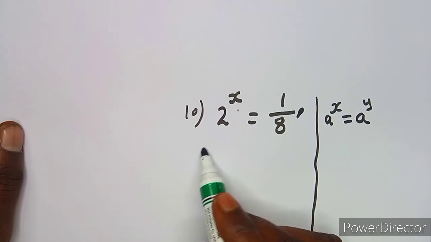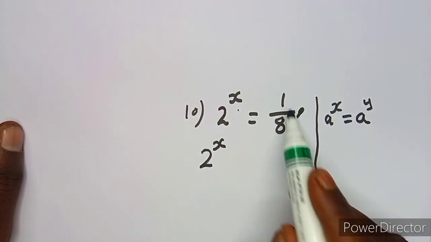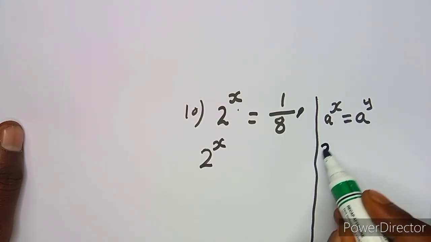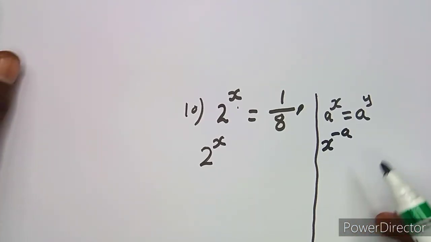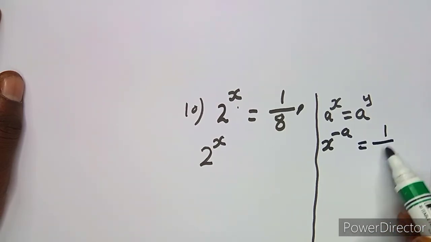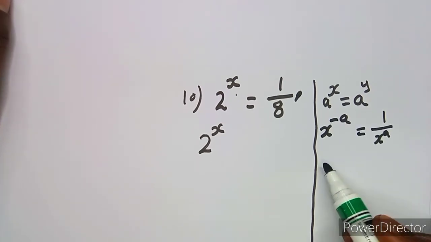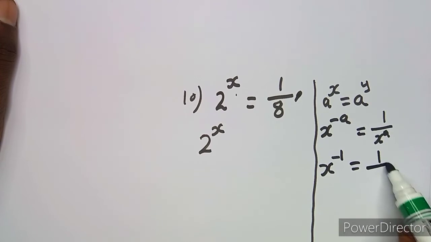All right, we know that whenever you're given a fraction like this, you can rewrite this from the negative, from the laws of exponents, remember what we said. X to the exponent of a negative like this is going to give us 1/x to the exponent of a. When it is -1 like this, x to the exponent of -1 is going to give us 1/x.